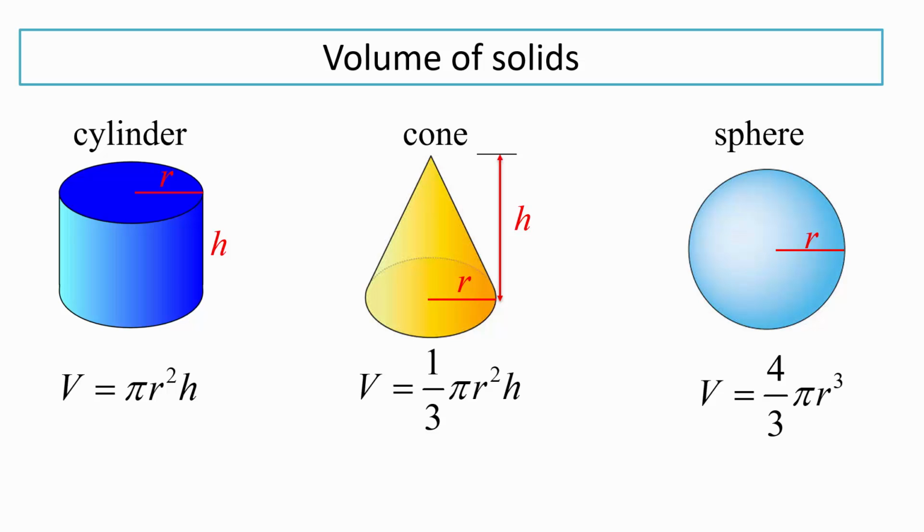We're going to obtain each formula by using a very well-known method. Here is rotation about the x-axis to produce a cylinder. Rotation about the x-axis again to produce a cone shape using a straight line.